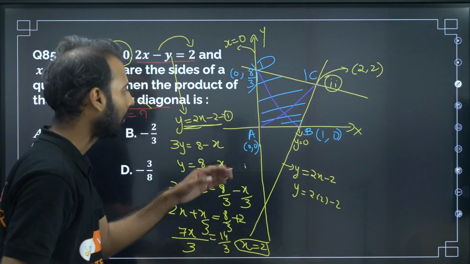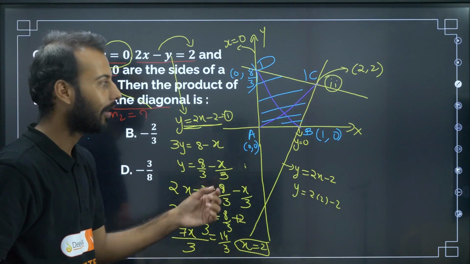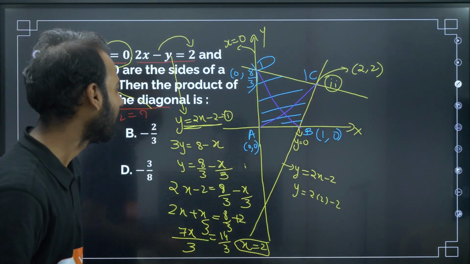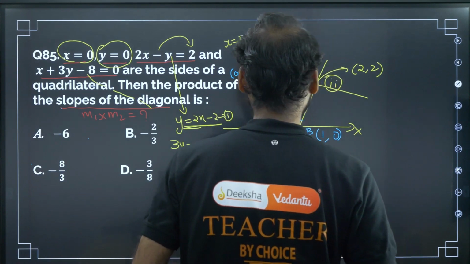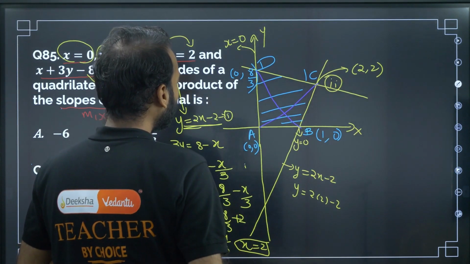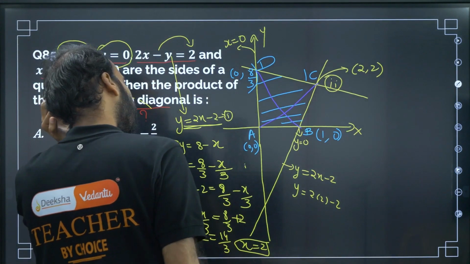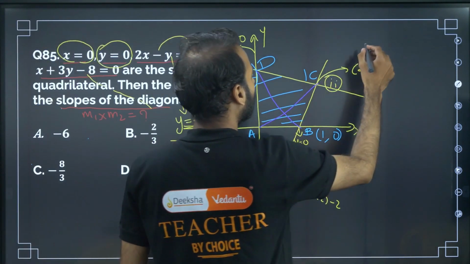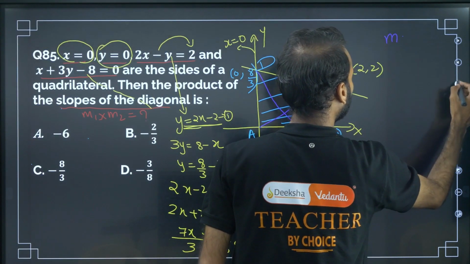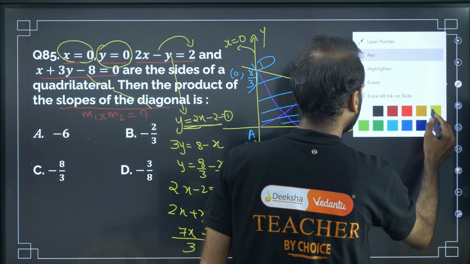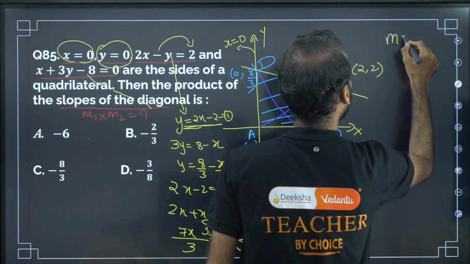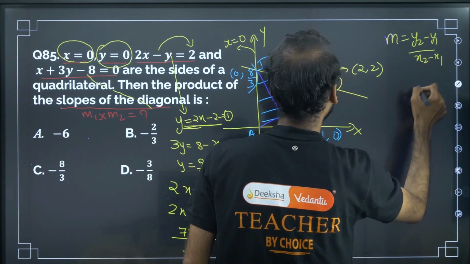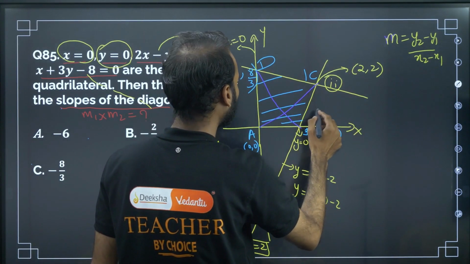Now it is a diagonal, it is not a curved line, but since I'm not that good at drawing lines, you understand that. Now we were talking about slope. Slope m is equal to y2 minus y1 by x2 minus x1. We have to find the slopes and then take their product.